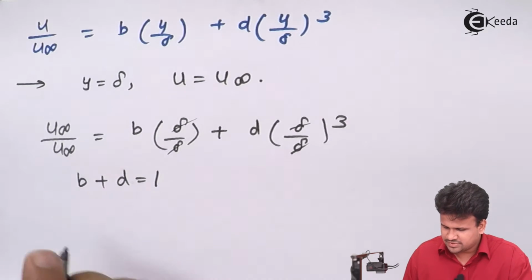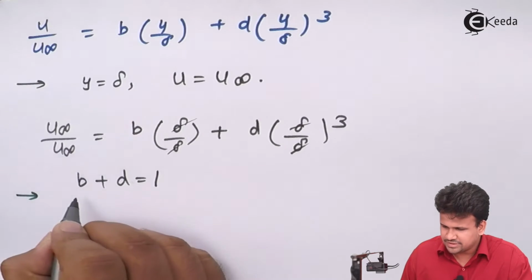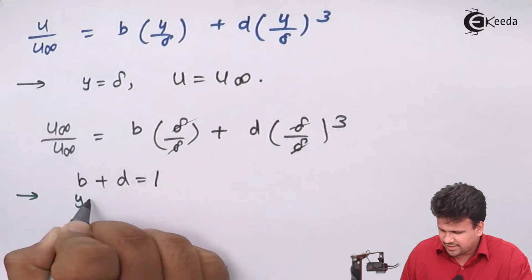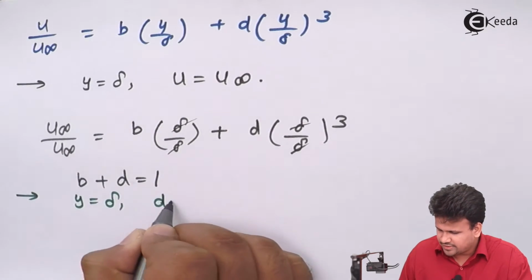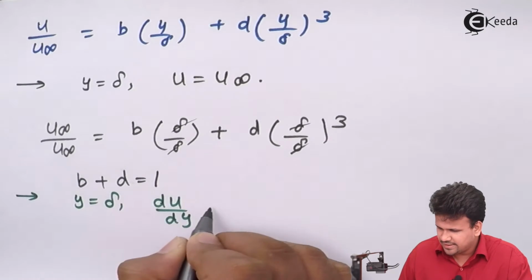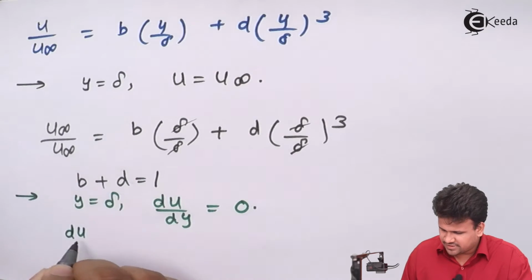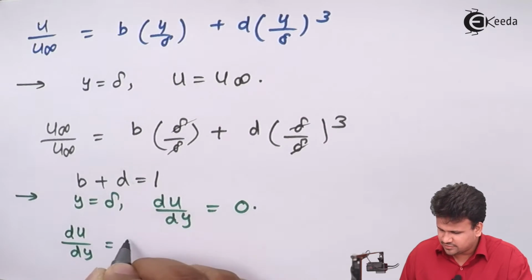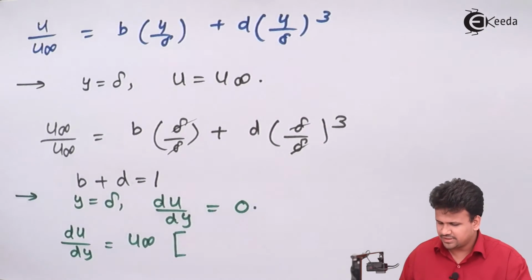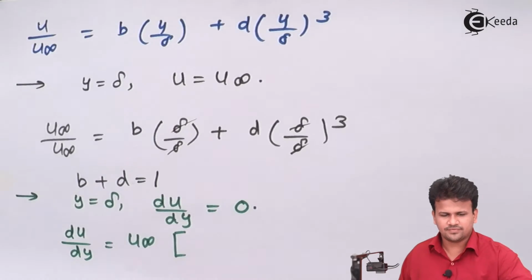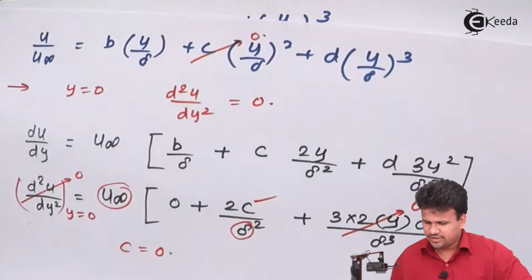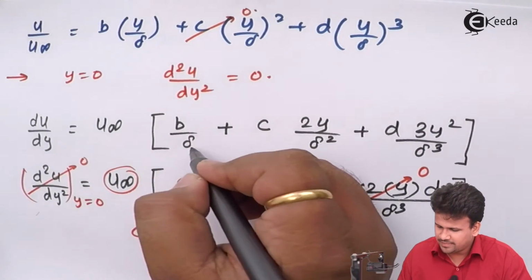Similarly, let us substitute the fourth boundary condition, which is at y equals delta, du by dy equals 0. We already know what du by dy is, from the previous section. Let us check this out. We have done this before. u upon u infinity, du by dy is b by delta.